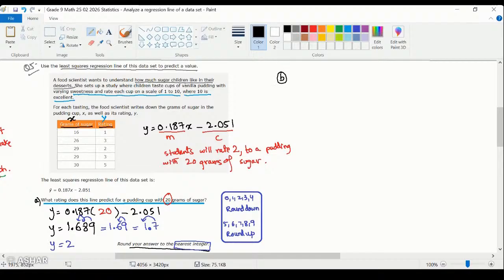In part B, what the question is saying is, if students rated the pudding 4, what is the predicted amount of sugar in it, right? So now what is happening?